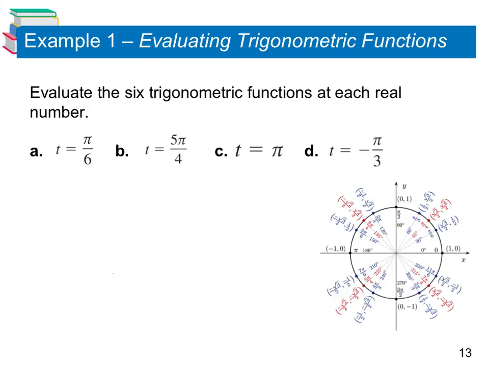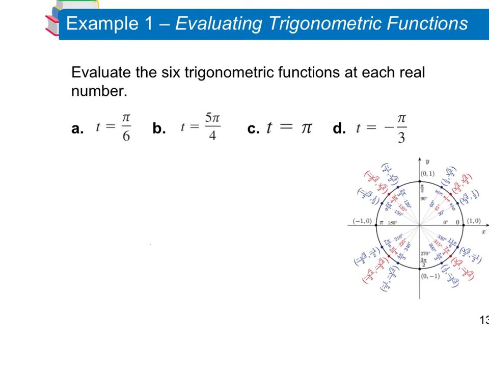Okay, this brings us to our examples. We have to evaluate the 6 trig functions at each real number. For A, it gives us t is equal to pi over 6. First thing we need to do is find the point that corresponds to pi over 6 on our unit circle.